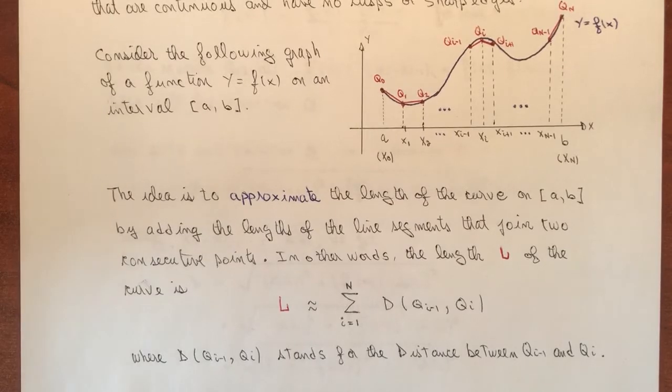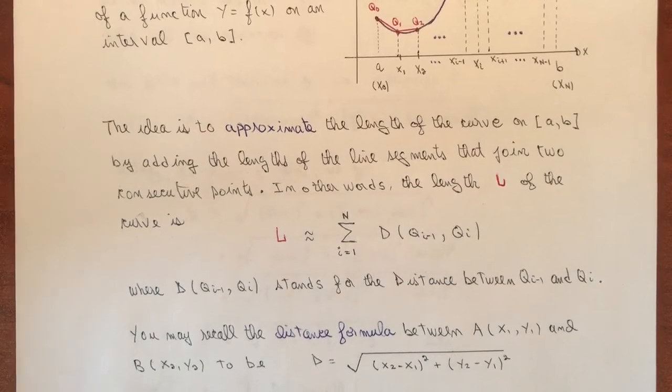You may recall that the distance formula between 2 points, let's call them A, (x1, y1), and B, (x2, y2), was given to be the square root of (x2 minus x1) squared plus (y2 minus y1) squared.